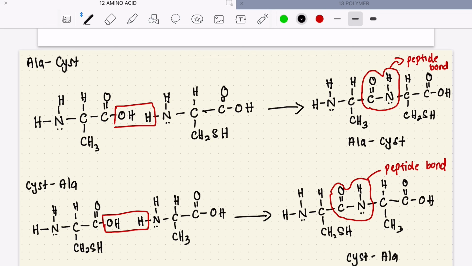If you see, they are both different in terms of the arrangement. So be careful. If the question is asking you for Ala-Cys, it means you have to draw alanine first, then cysteine. Or if the question asks you for Cys-Ala, it means you have to draw the cysteine first, then alanine. And don't forget, the tip to draw must be using ABC.